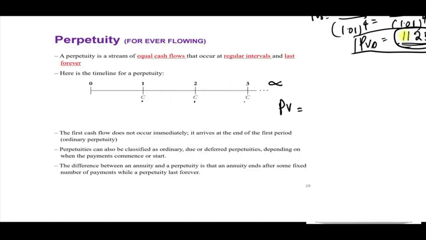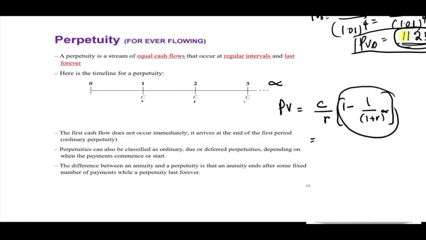Present value of annuity is equal to C divided by R, times 1 minus 1 over 1 plus R to the power infinity. With infinity, that part is always equal to 1. So the only answer left would be C divided by R.